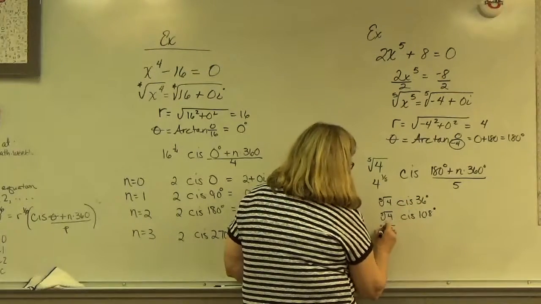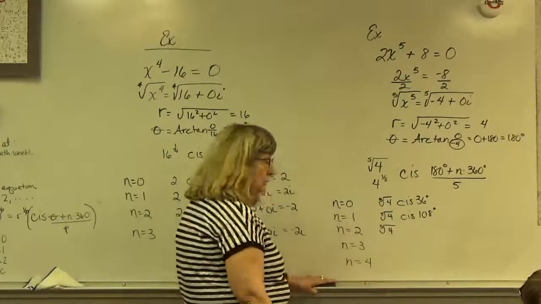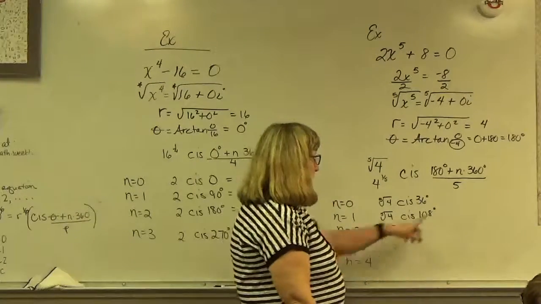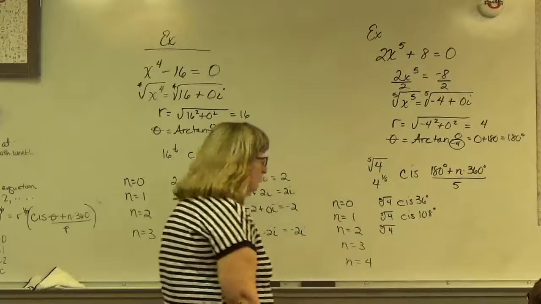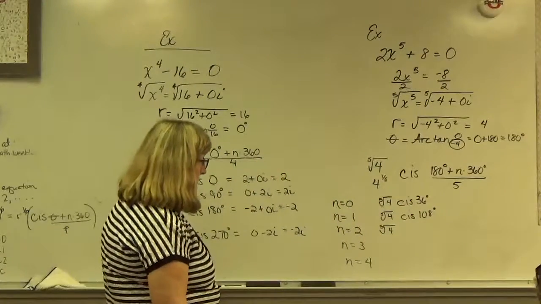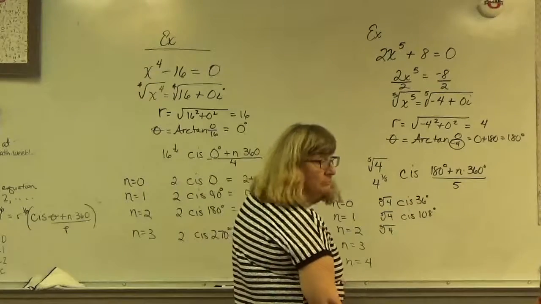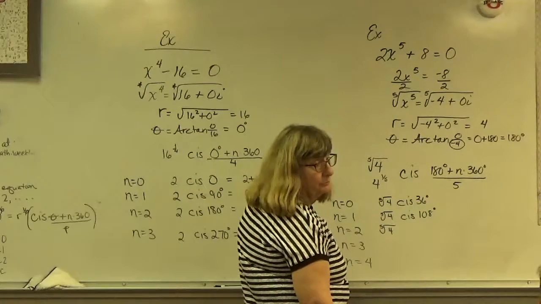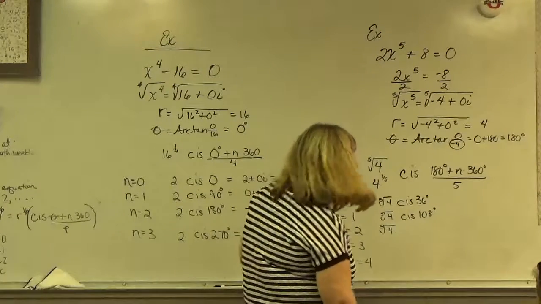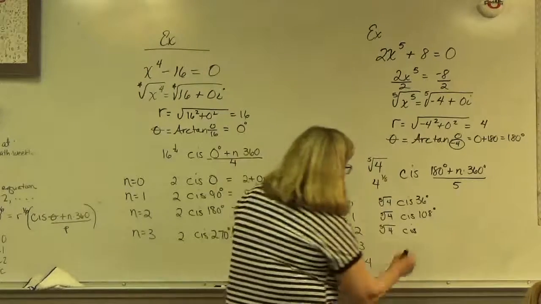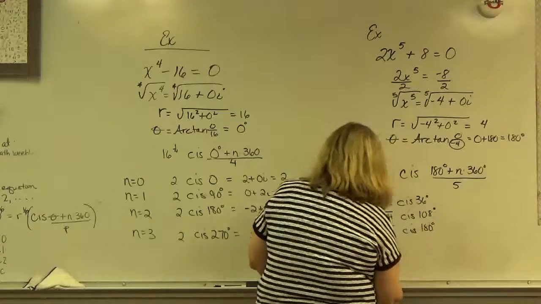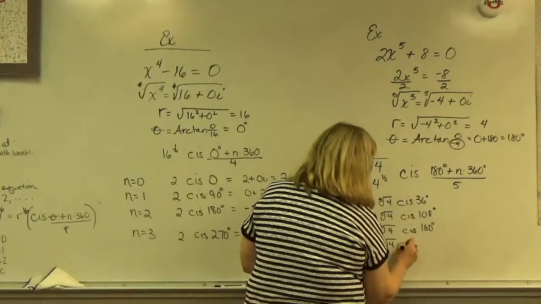Next one is still going to be the 5th root of 4. Here you get to put in 2. So 2 times 360 plus 180, divided by 5. Next one is the 5th root of 4 still.